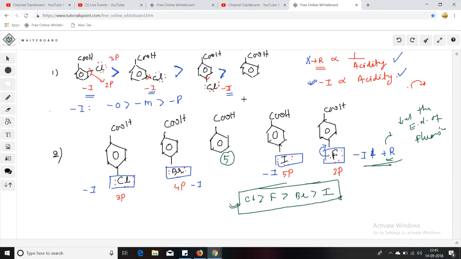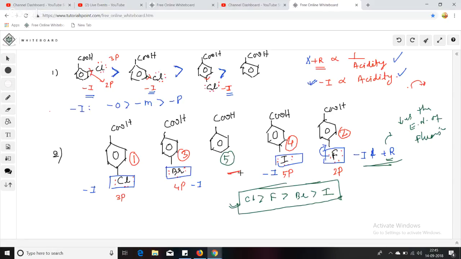Okay, and the net effect is found to be in this order. So here the maximum acidic compound is the one with the minus I nature of chlorine. First one is this, second one is fluorine, third one is bromine, and fourth one is iodine. So the order of acidity in these compounds is chlorine maximum, fluorine, bromine, iodine, and then benzoic acid.